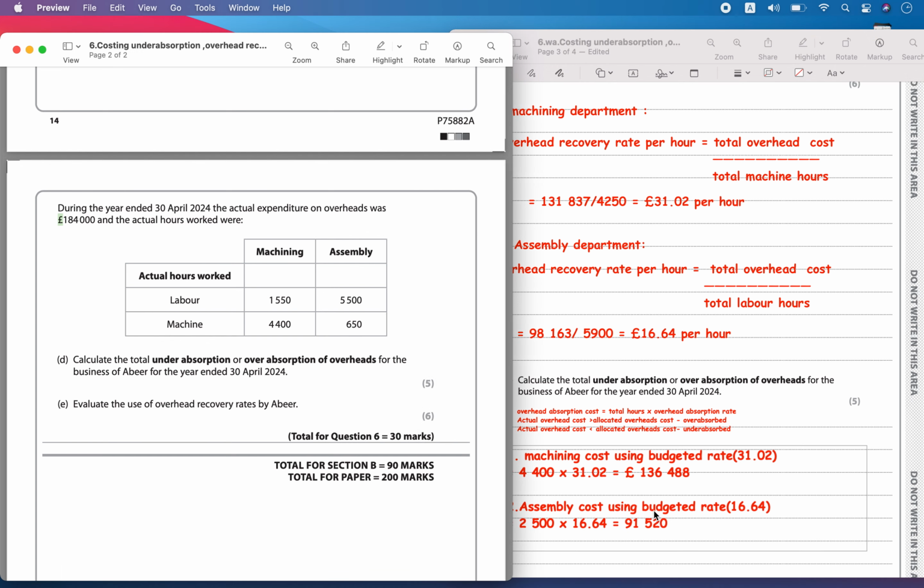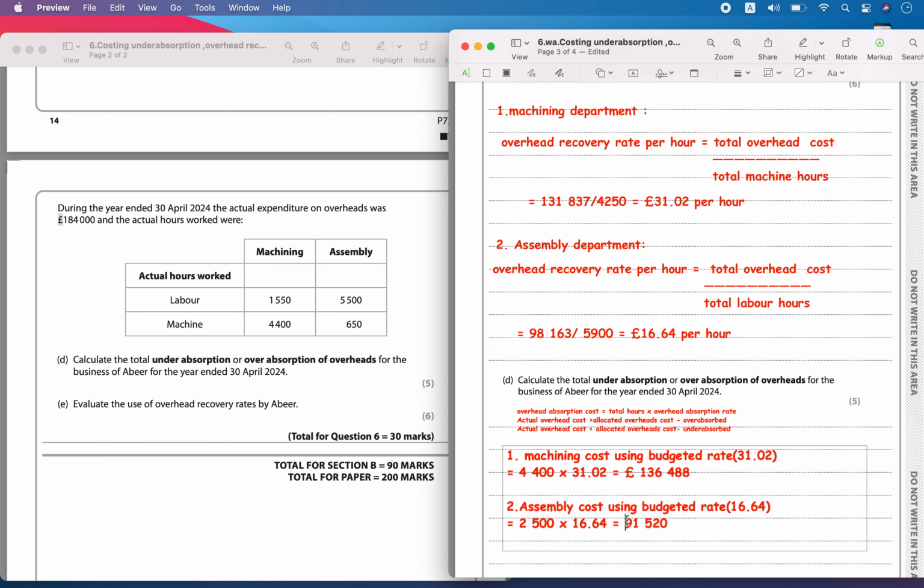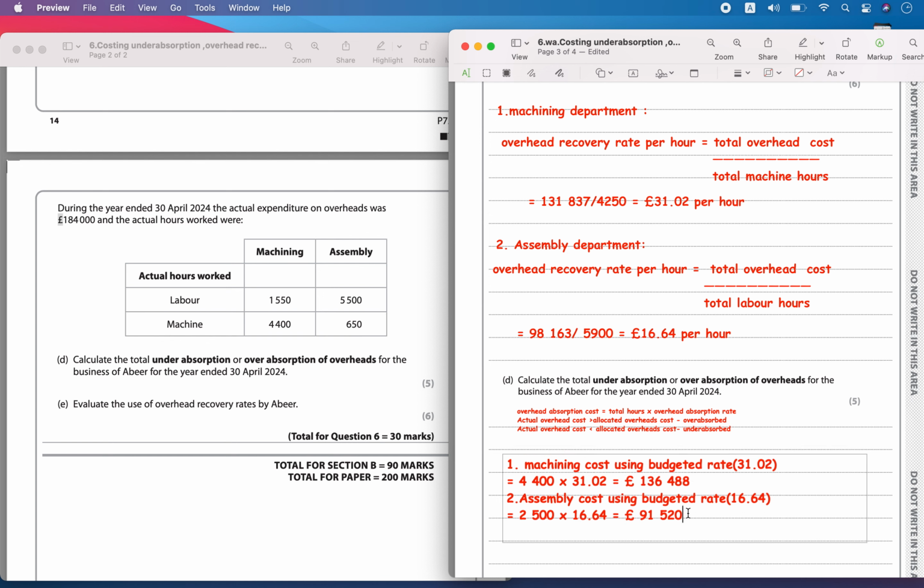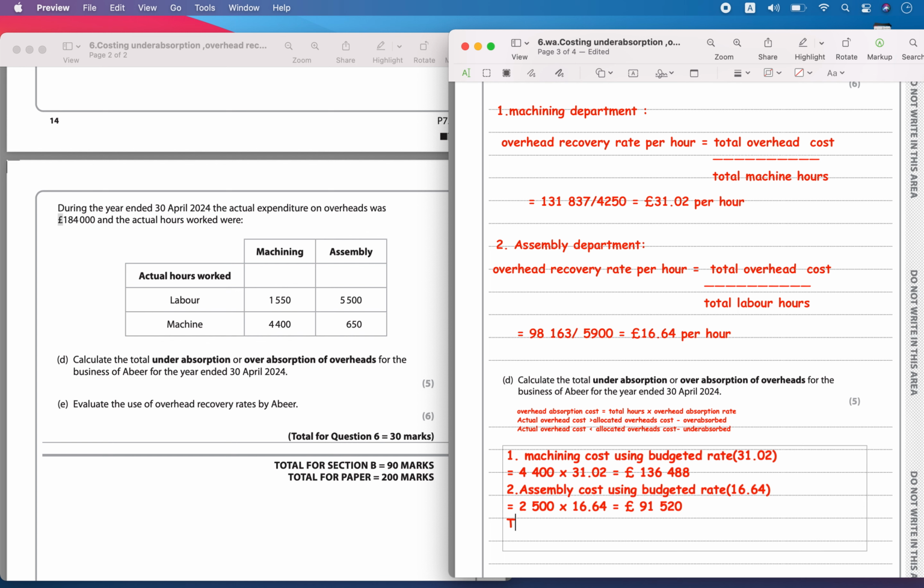This should have been my cost for the assembly department. Now let's add these two to understand the total budgeted cost using the budgeted rate and the actual hours worked.